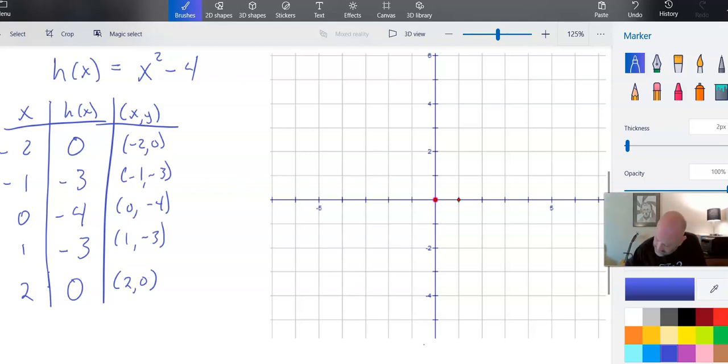So let's plot these things. -2, 0 is right here. Yep, that's an x-intercept. -1, -3 would be down here. 0, -4 is here. 1, -3 is here, and then 2, 0 is here. Again, there's this line down the middle, and I can see that both halves are the same.